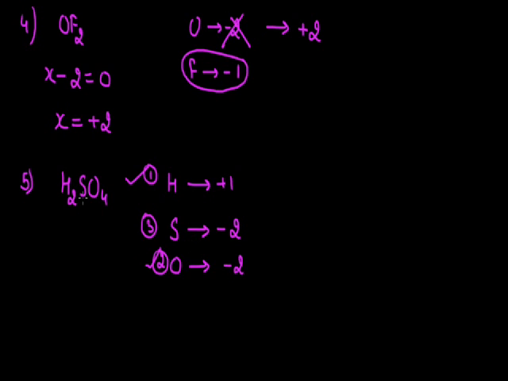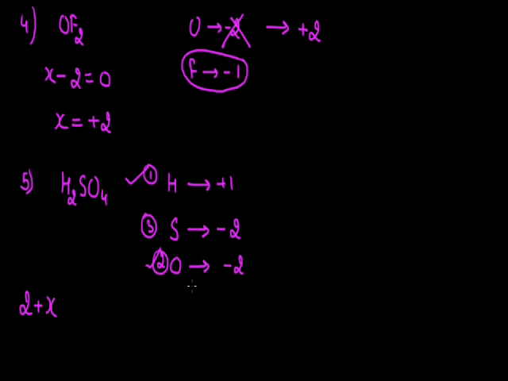Since the per atom charge of hydrogen is generally +1, in the compound H2SO4 the total charge contributed by hydrogen atoms will be +2. The oxidation state of sulfur depends on the oxidation state of the rest of the elements, so here I am putting the value x for the oxidation state of sulfur.